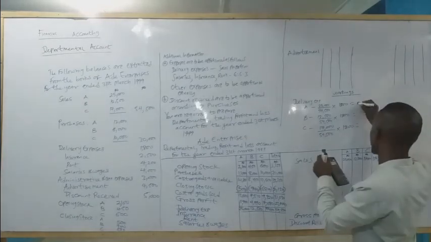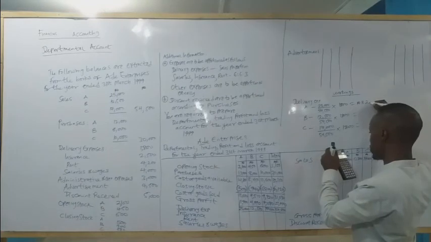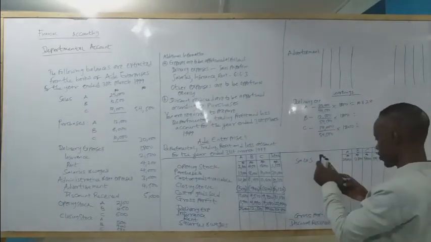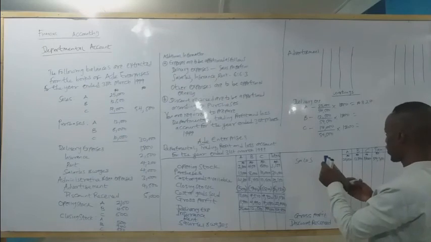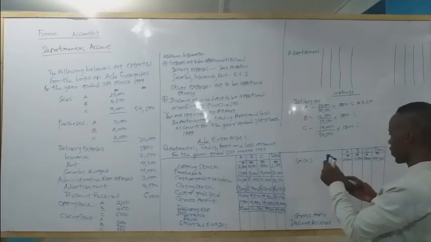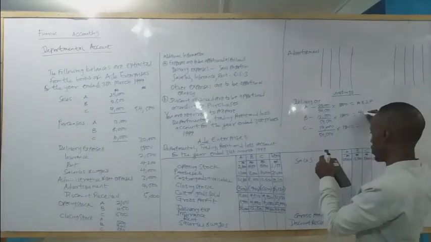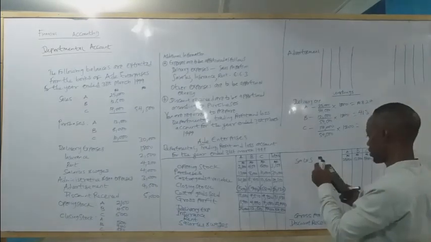So here we have 827. Then come to the rest, where we have 413.